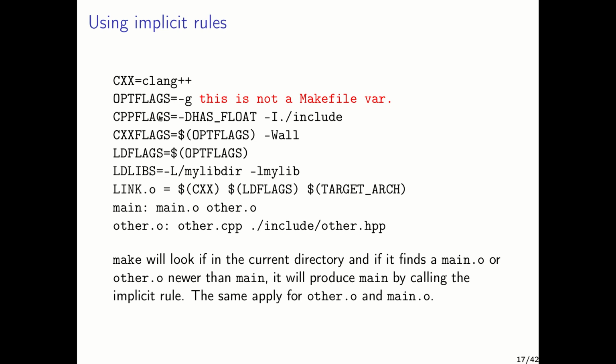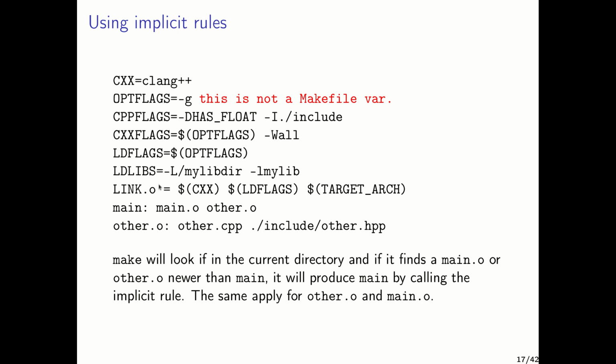And then I say the CPP flags is -D as float, -I.include, because the include files are in that directory, that the CXX flags is opt flags, that is optimization flags, -Wall, because I want all warnings. LD flags is just opt flags, because I have to repeat the optimization also for the linker. The library that I want to link resides in mylibdir, and they're called libmylib.a or libmylib.so.